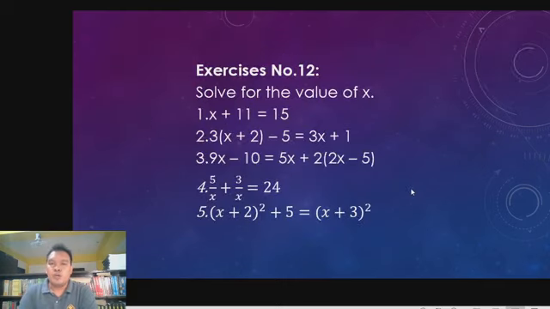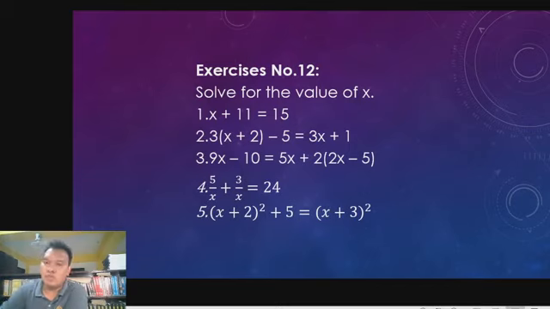Okay, so, let's solve some of the problems or some of the numbers or algebraic expressions in the exercise number 12. No? Solve for the value of x. So we have number 1, which is equivalent kay x plus 11 is equivalent kay 15.